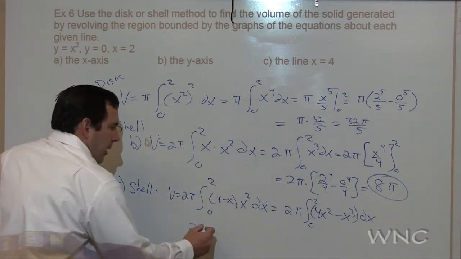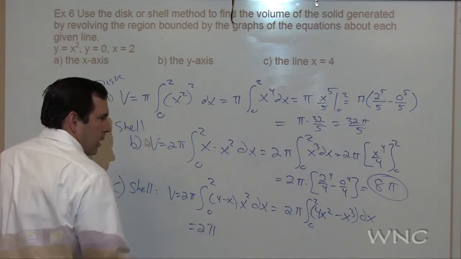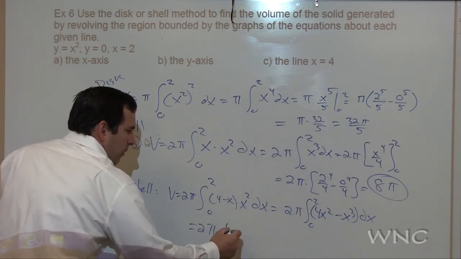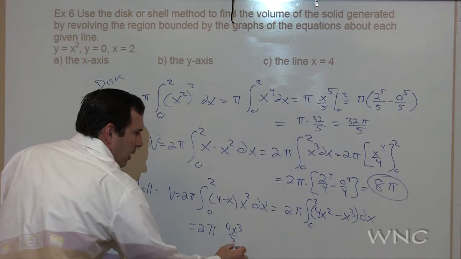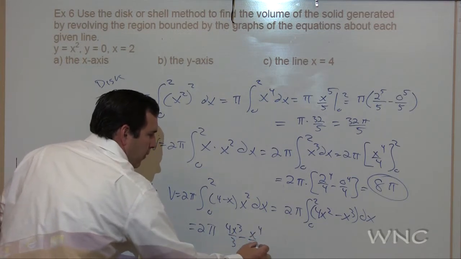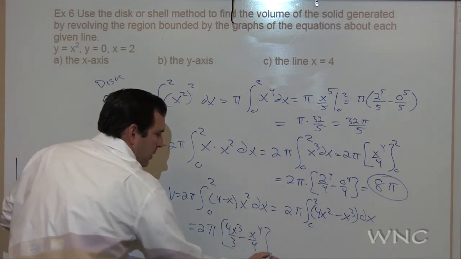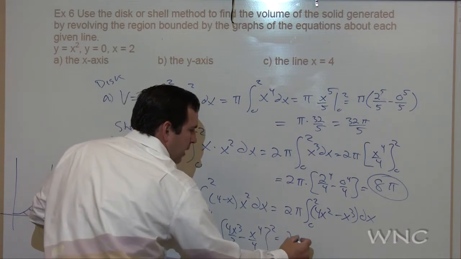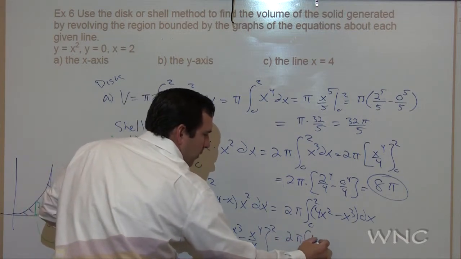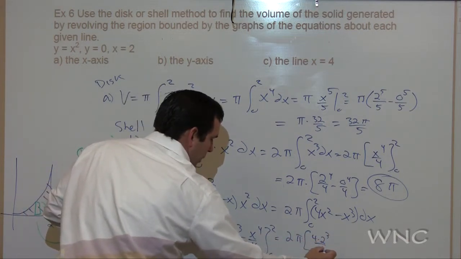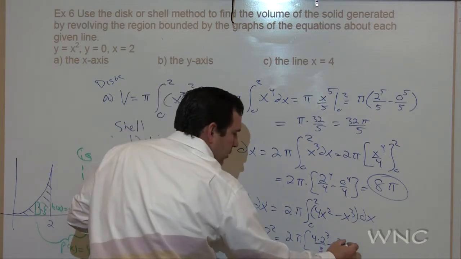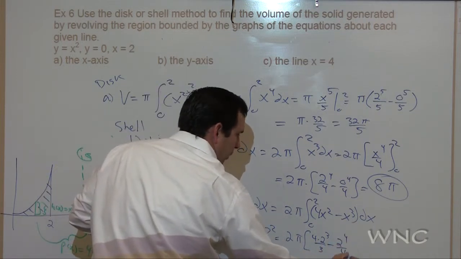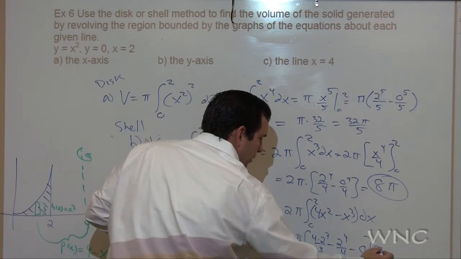That's going to be 2 pi times 4x cubed over 3 minus x to the 4th over 4 from 0 to 2. So 2 pi times 4 times 2 cubed over 3 minus 2 to the 4th over 4 minus 0.